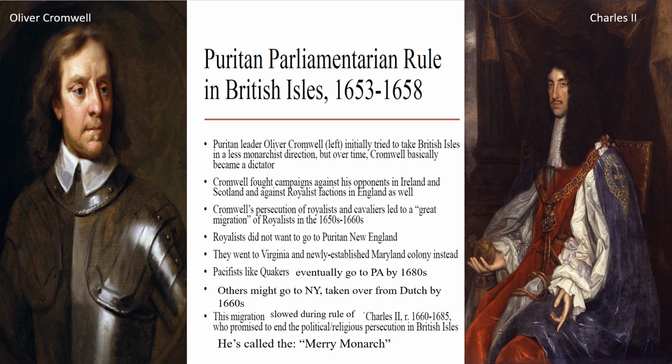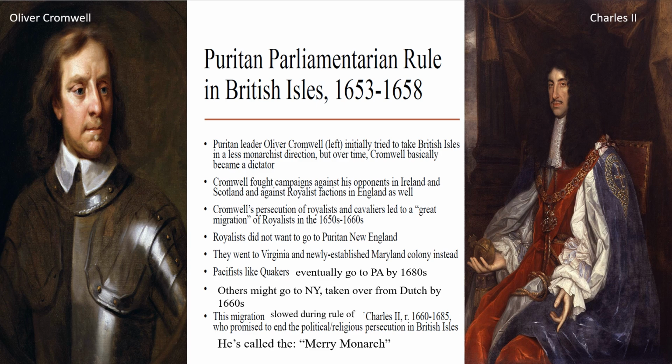So Puritan parliamentarian rule under Oliver Cromwell also impacts migration to the English colonies. Initially, Oliver Cromwell tried to dissolve the English monarchic tradition and take the colony in a less monarchist direction and a more parliamentarian direction.